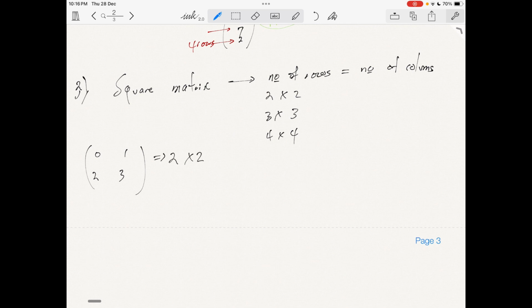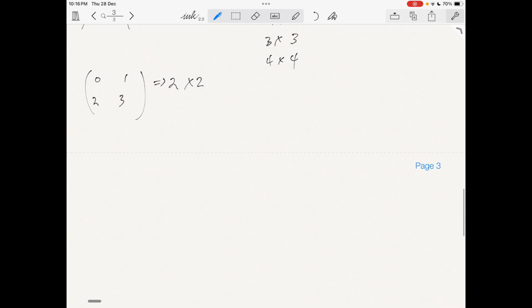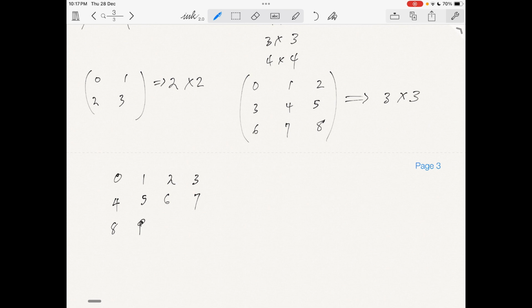And let's take another example of a 3 by 3 matrix. So let's say 0, 1, 2, 3, 4, 5, 6, 7, 8. Now this is an example of a 3 by 3 matrix. Now for a 4 by 4 matrix, it will have four rows and it will have four columns. 4, 5, 6, 7, 8, 9, 10, 11, 13, 14.